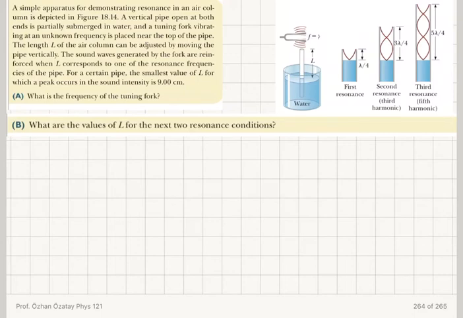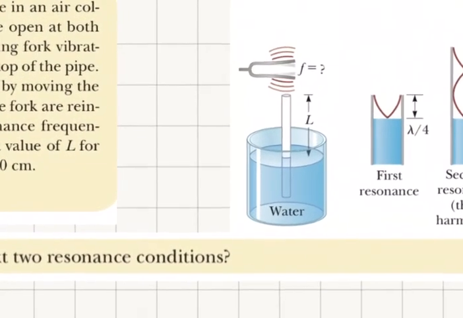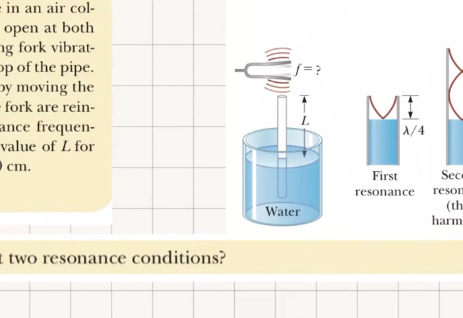The sound waves generated by the fork are reinforced when L corresponds to one of the resonance frequencies of the pipe. For a certain pipe, the smallest value of L for which a peak occurs in sound intensity is 9 centimeters. What is the frequency of the tuning fork? What are the values of L for the next two resonance conditions?